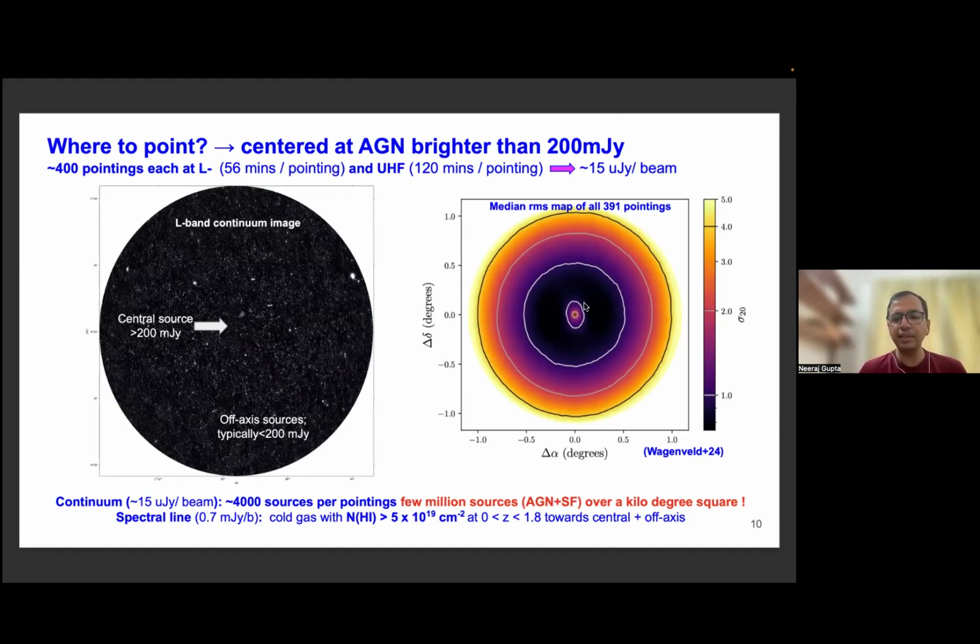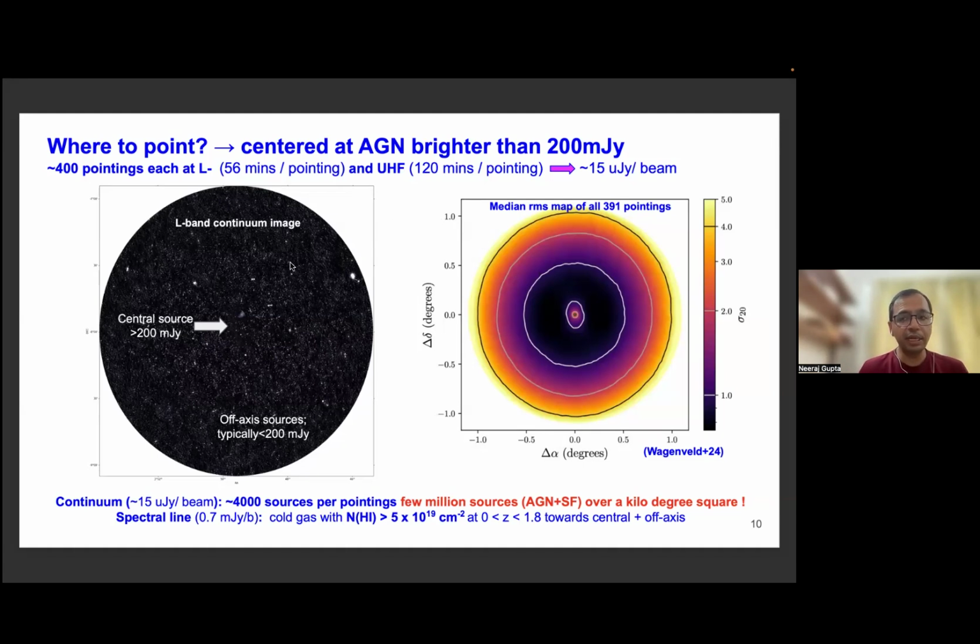And on the right-hand side, what we are seeing is that actually RMS is increasing as we go away from the pointing center, and that's just the natural response of the beam of the telescope. So that's the kind of radio continuum view that we get using this survey.